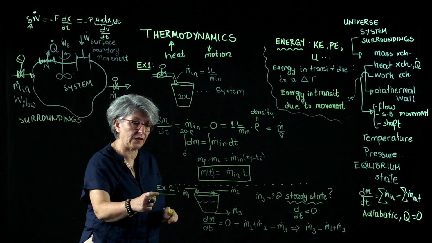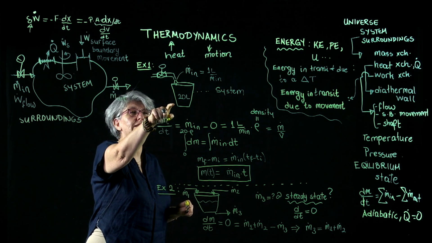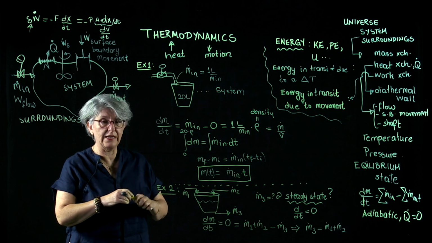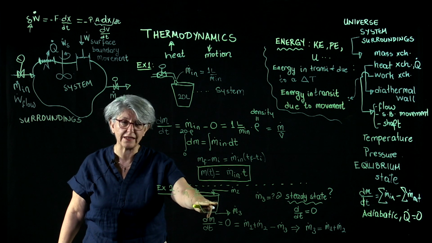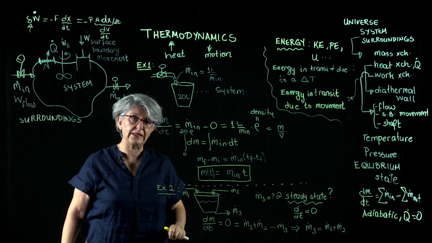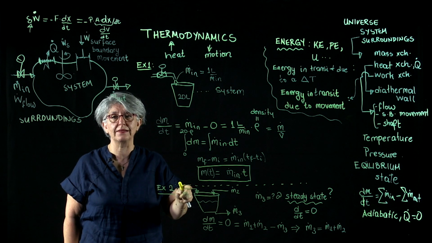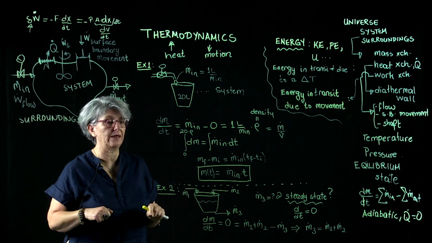The difference between this situation and this is that the mass within the system boundary increased continuously. However, in the second situation, the mass within the system boundary remained constant despite we had flows in and out of the system boundary.